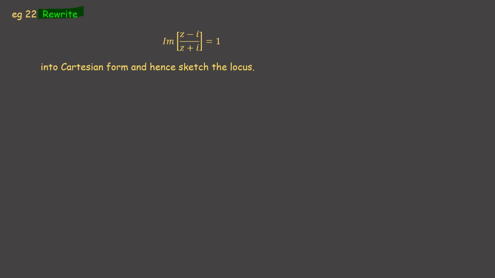We want to rewrite the imaginary part of (z minus i) over (z plus i) equals 1 into Cartesian form and hence sketch the locus. So let's start by letting z be equal to x plus iy.